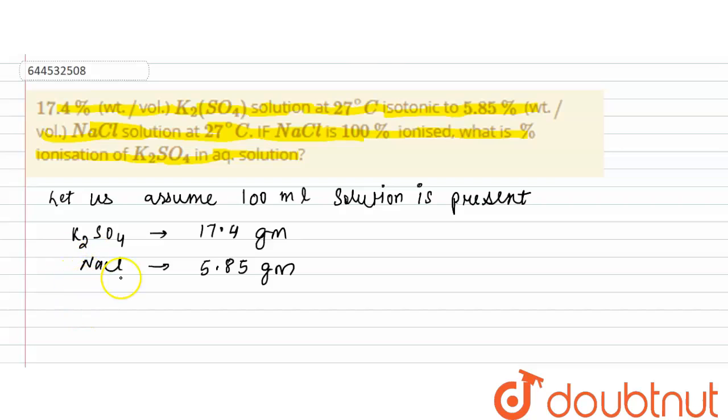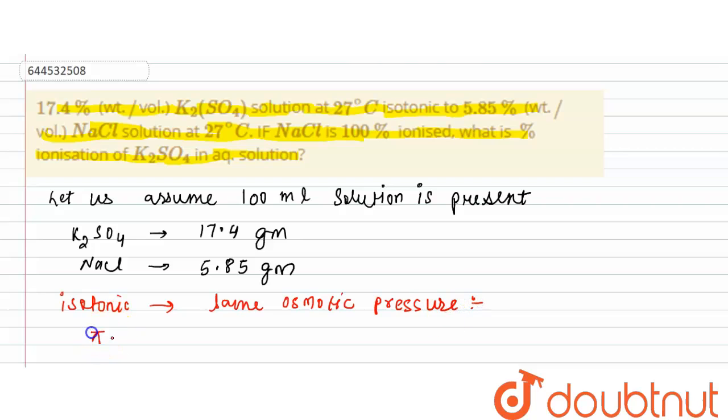Now what is said? It is said that they are isotonic. What is isotonic? Isotonic means same osmotic pressure, right? This is what you mean by isotonic solution.